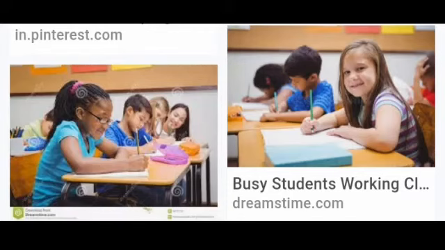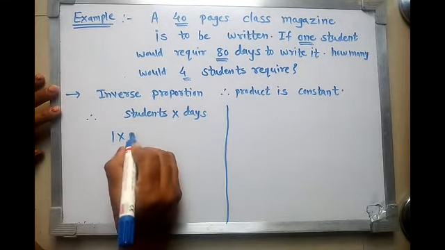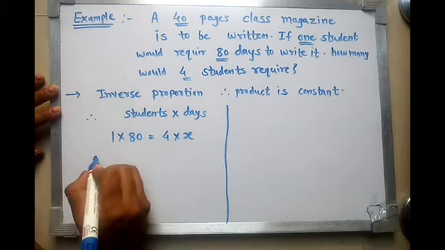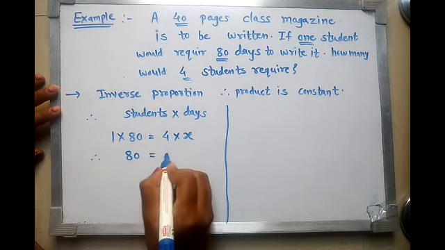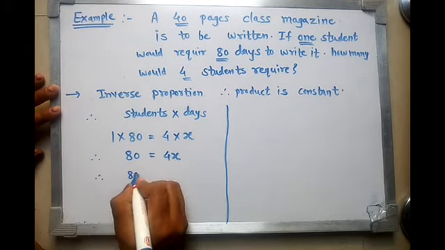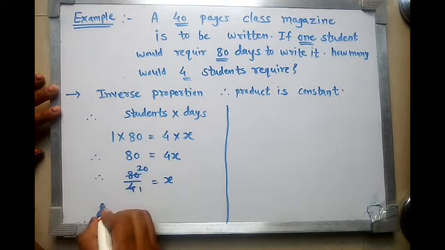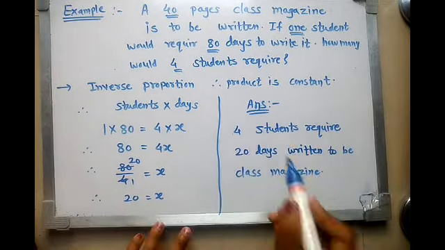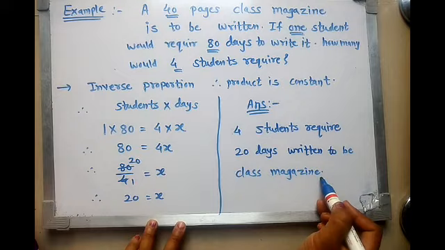Student into days, 1 student 80 days, 4 students x days. 80 ones are 80, 4 into x. 80 upon 4, 4 twenties are 80, 20 is equal to x. 4 students require 20 days to write the class magazine.